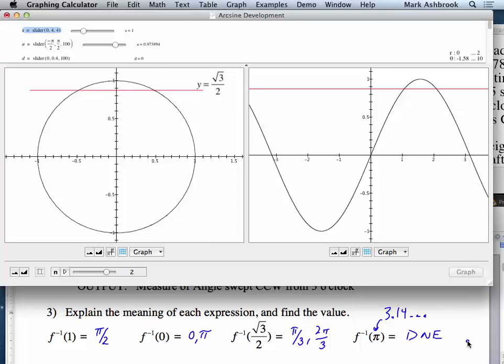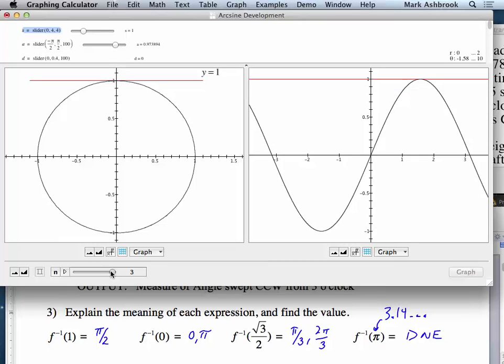So that one doesn't exist. These other two, we said there were two answers, but at 1, there's just one answer. So given a vertical height of 1, there's just one angle, pi over 2, that corresponds to that vertical distance. Agree? Nothing more to say?